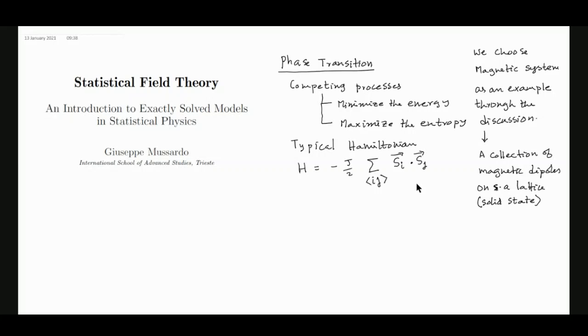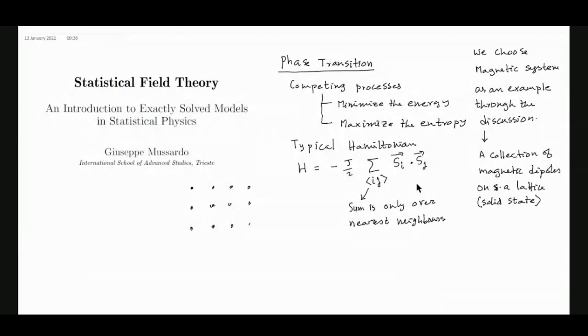And this notation for the sum implies the sum is only over nearest neighbors. That means if you have a lattice like this, 1, 2, 3, 4. Let me draw a two-dimensional square lattice.